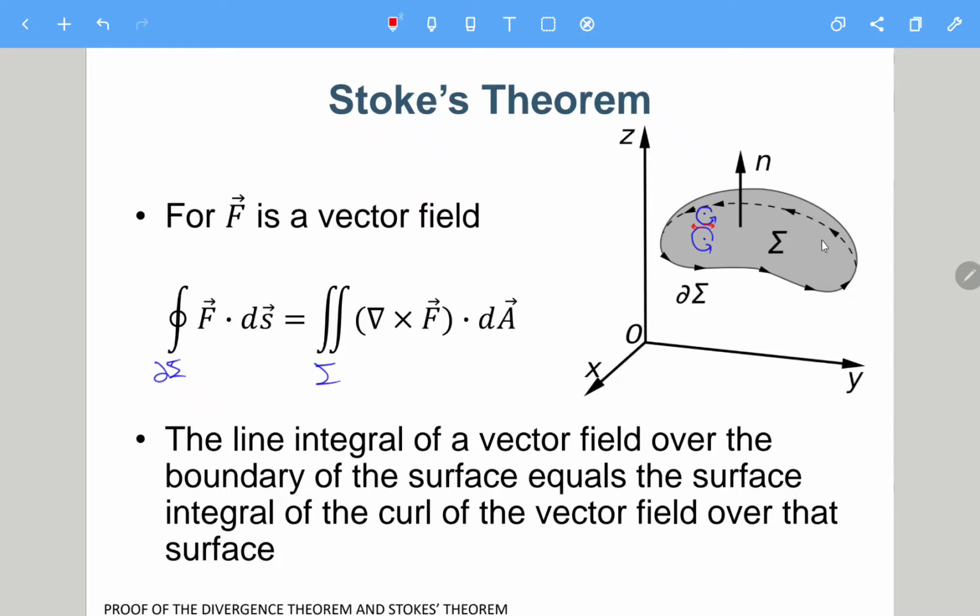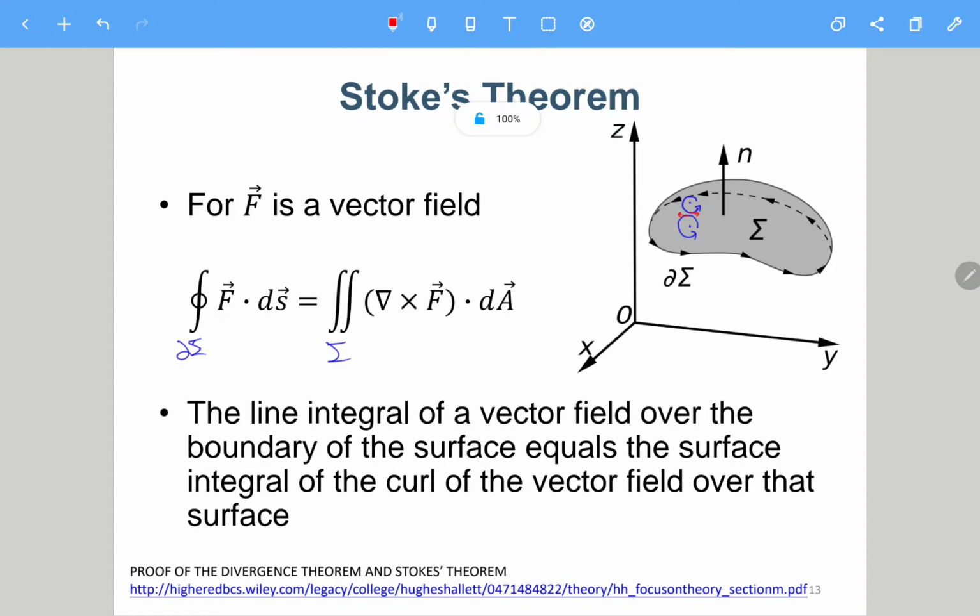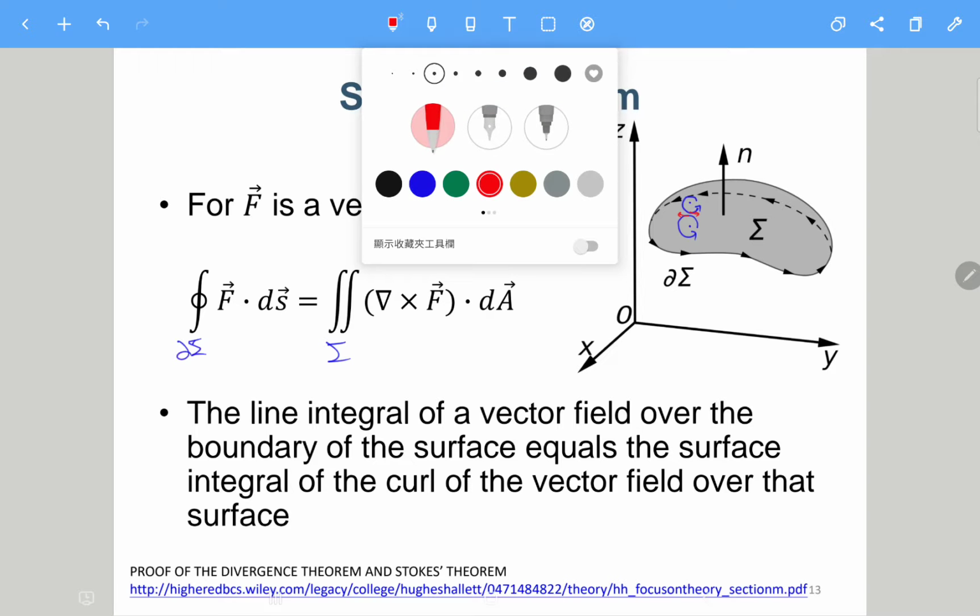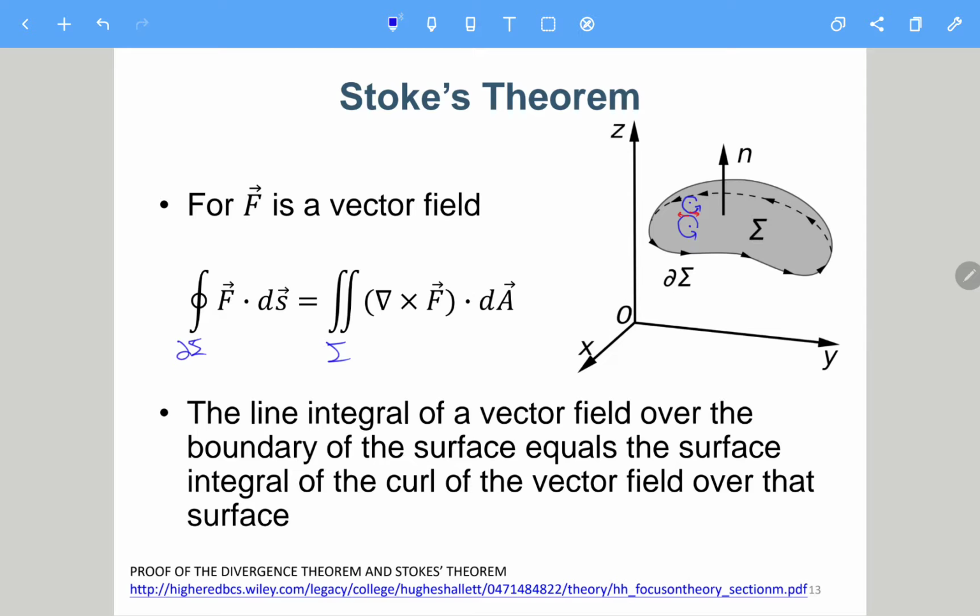All the inside components are canceling each other. So here it says the line integral of the vector field over the boundary of the surface equals the surface integral of the curl of the vector field over that surface. So this is the Stokes theorem. These two theorems look quite complicated, but actually we only need to use the result, so we don't go too deep into it.